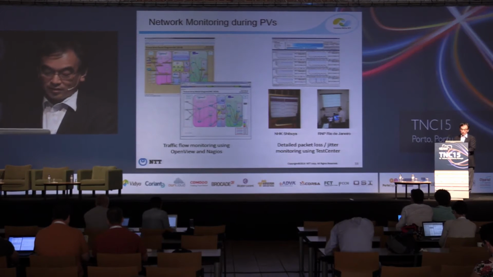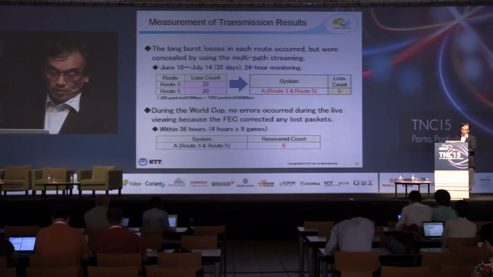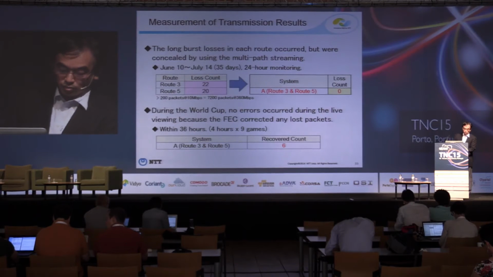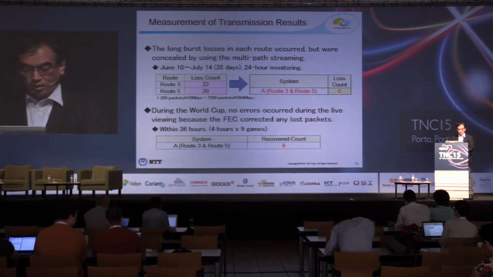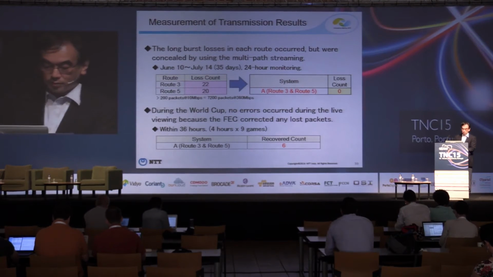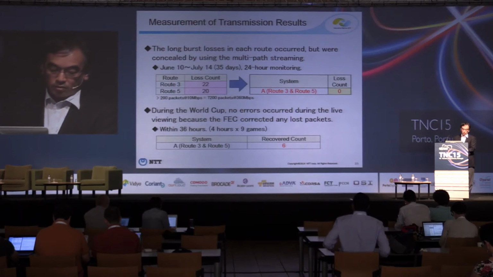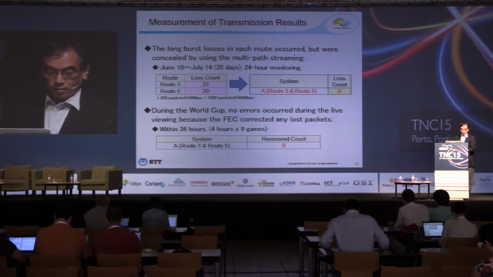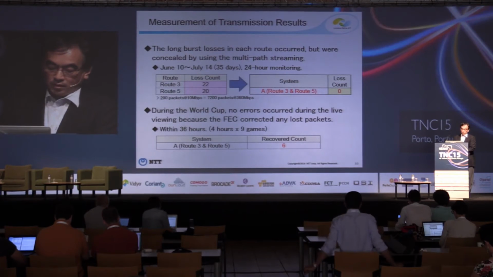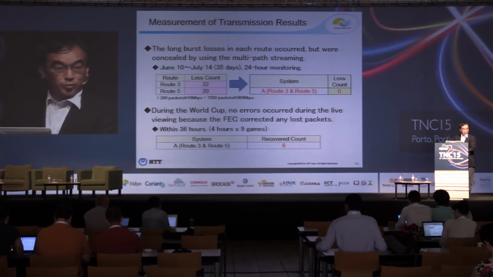During the game days, we continued to measure the network condition by inserting test traffic. And this table shows the result of transmission. In the primary link pair, each link showed 20 times or more incidents of large burst packet losses. But combining 2 links, there was no error entirely in 35 days of the game weeks.